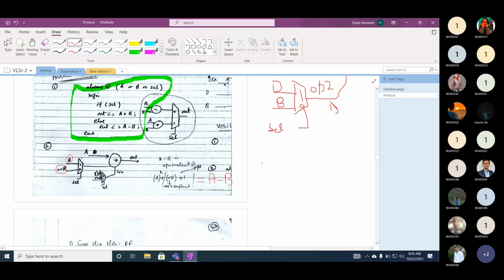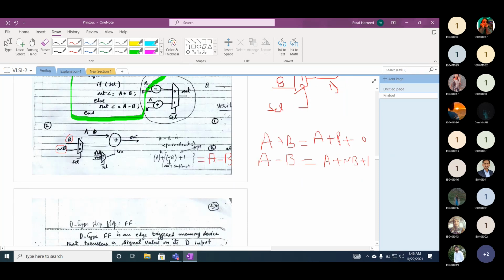Okay, now can we write it like this? A plus B is equal to A plus B plus 0. And A minus B is A plus negate of B plus 1.